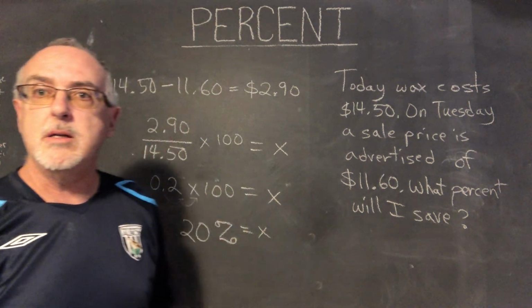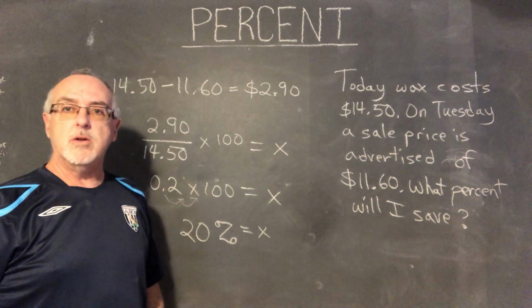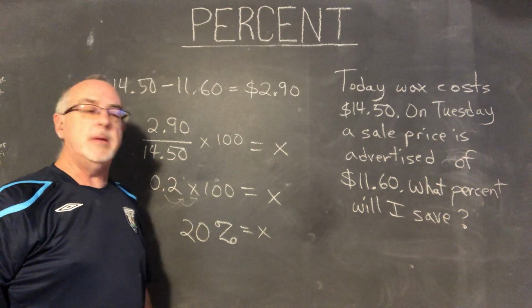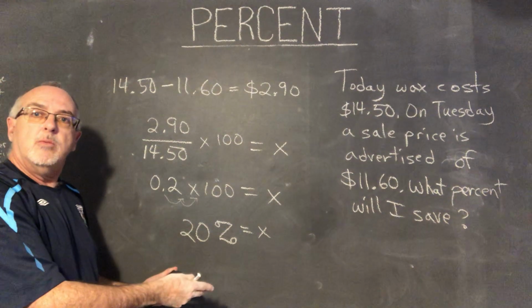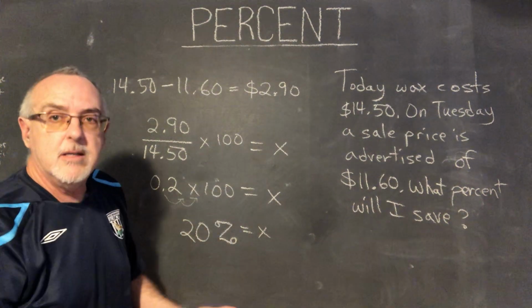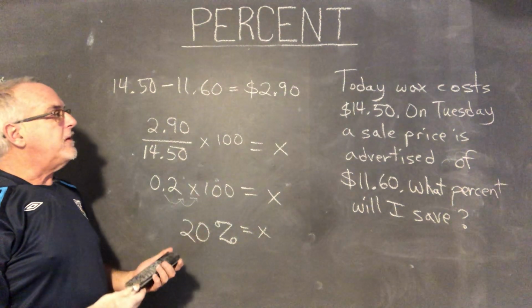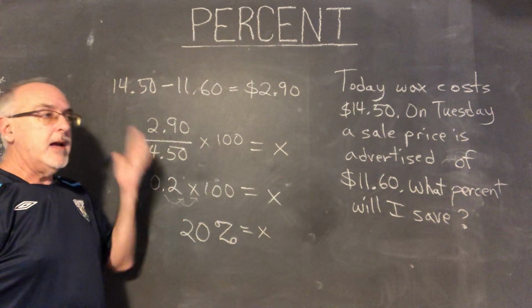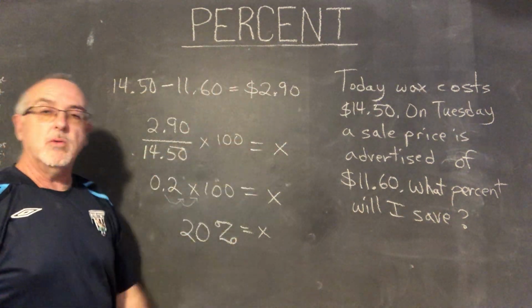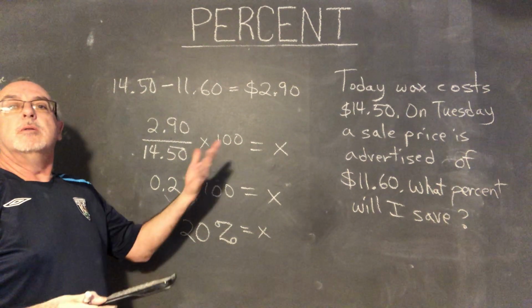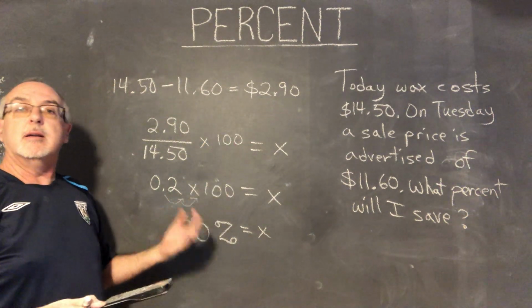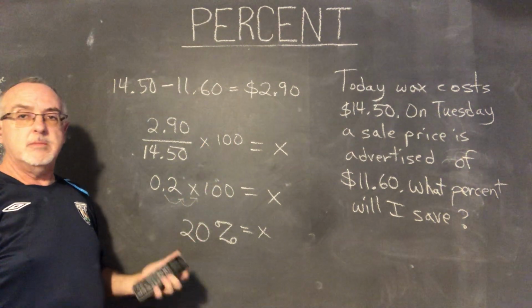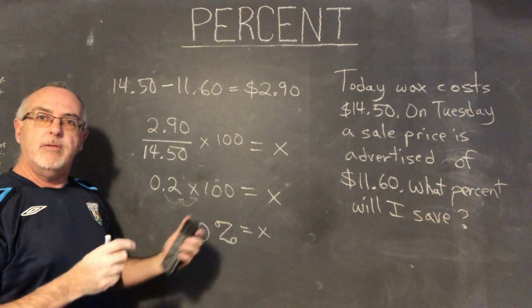If you get an employee discount at the orange store or the red store or any color store, you can calculate what your savings are if you know what percentage the discount is. It's a really useful type of math to know how to do. And of course, when we calculate tax, which I'm not doing today, that also involves calculating a percentage. So the math comes in handy again and again in slightly different ways.